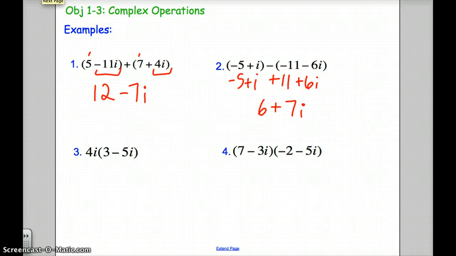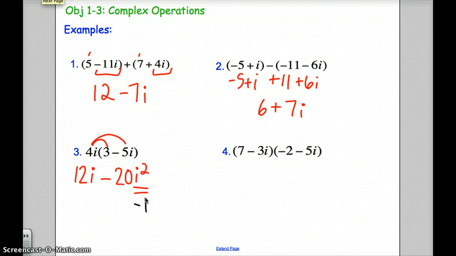Multiplying gets a little bit more interesting because we actually might have something interesting happen. Of course, we're going to distribute just like normal. We get 12i minus 20i squared. This is what we want to change. Whenever we see i squared, we want to change it to -1. So out comes the i squared, and in goes -1 where i squared was.